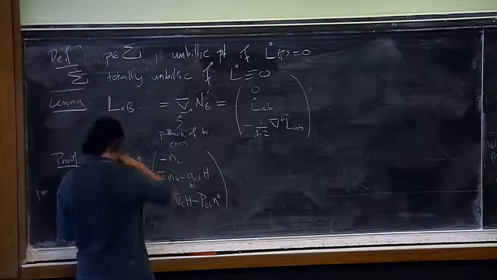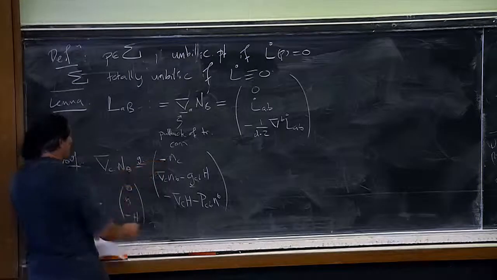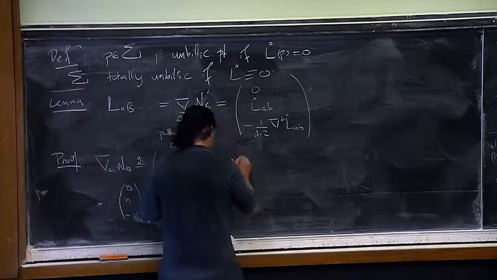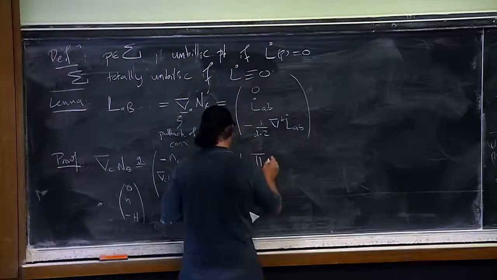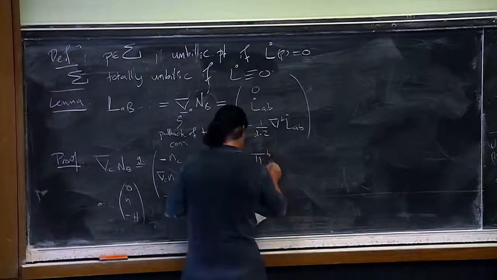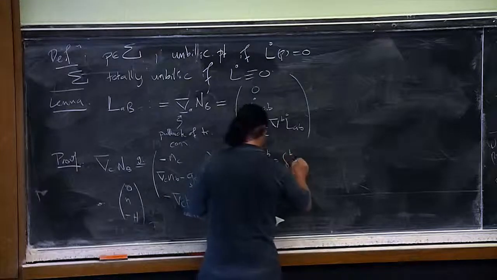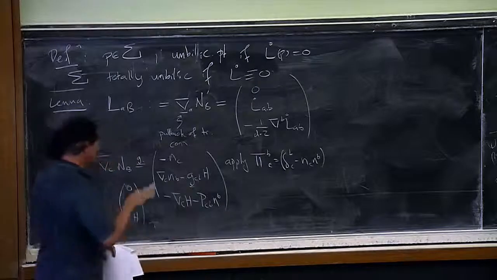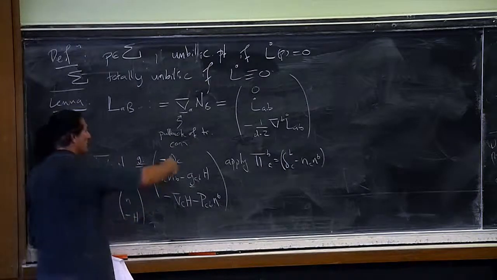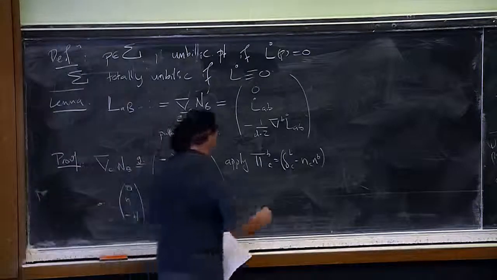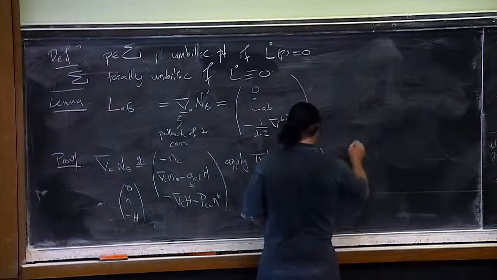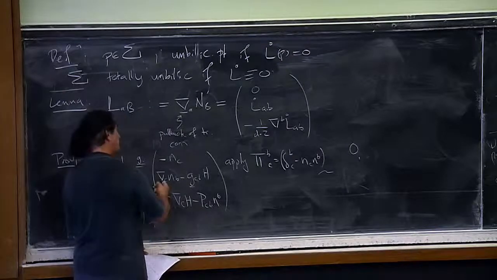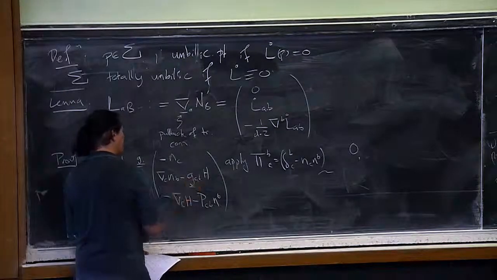But now this is just differentiating in every direction. So now you want to project this. So apply π_b^c, which is δ_b^c minus n^c n_b, to that. Okay, so this is going to project and kill normals. So it's going to kill that. We'll get 0 in that slot. And then when we apply it to this slot, it's easy to see you actually only have to apply this one projection to that.